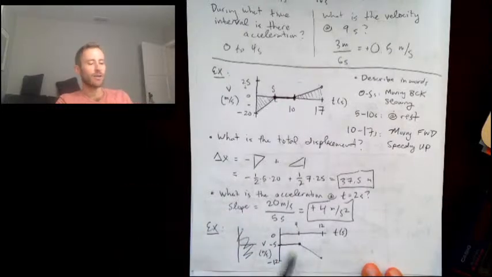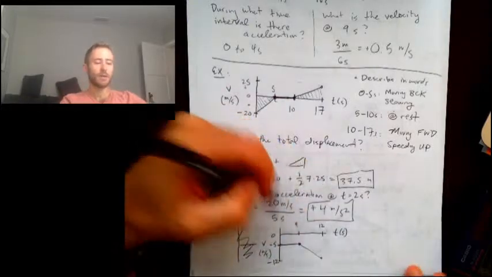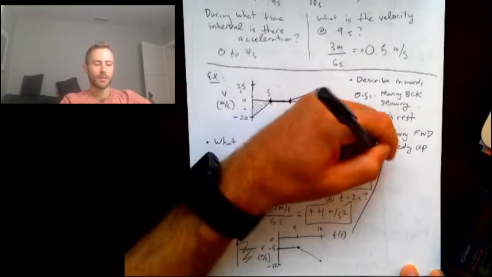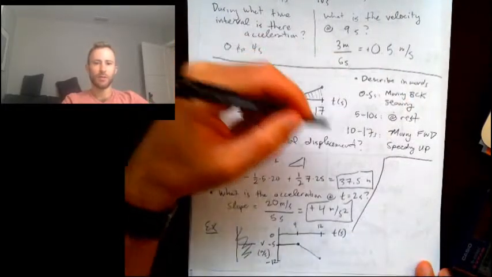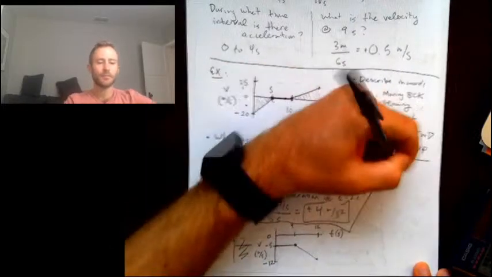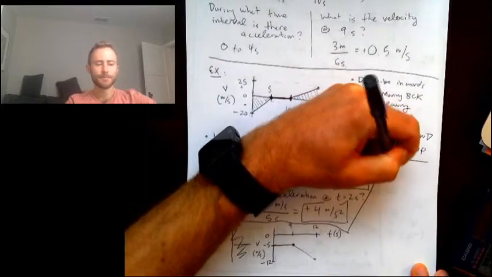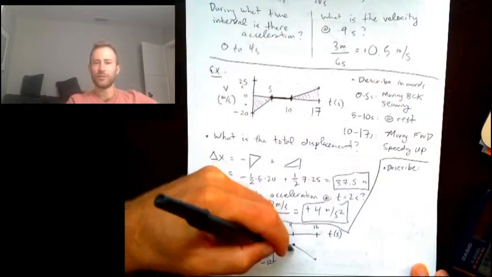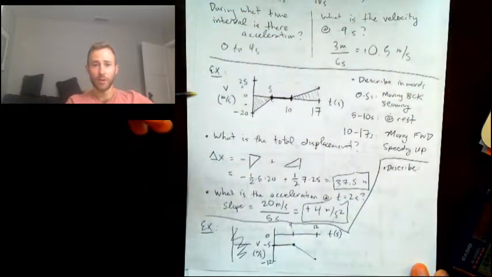So for this entire motion, the velocity is negative. So it's always moving back. Now, if we describe this motion, we have 2 line segments, so our description is going to have 2 parts to it.